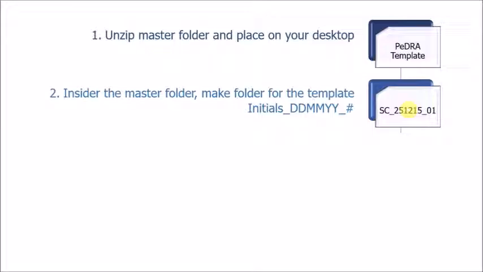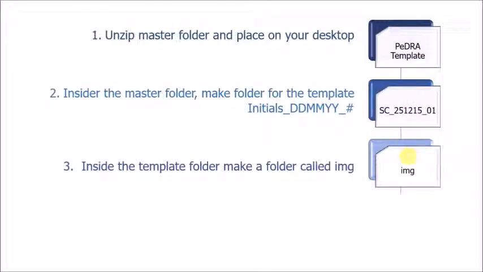Now, once this folder has been created, you will need to double click on that and go inside the folder and then create one more folder that's just called IMG. And this is the place where you can put all of your images, any photographs that you've taken that will be useful for the agency to have, such as the boat, any equipment, any documents found in the bottom of the boat, and so forth.